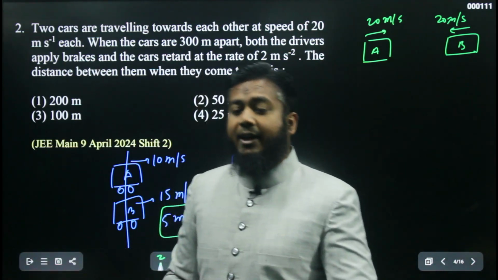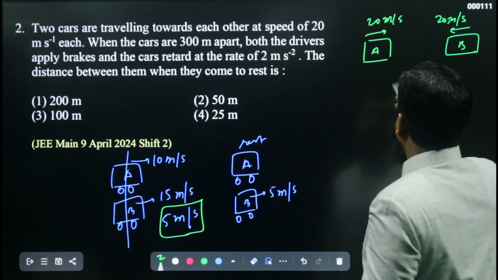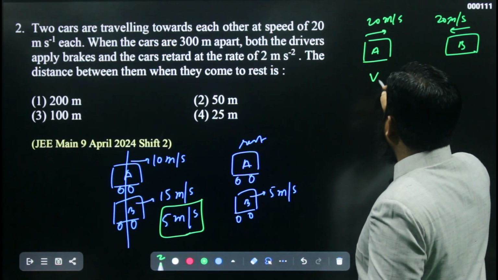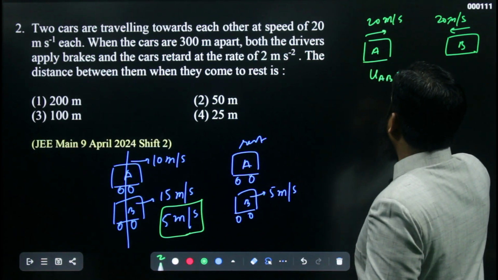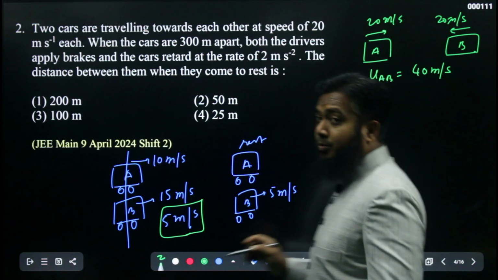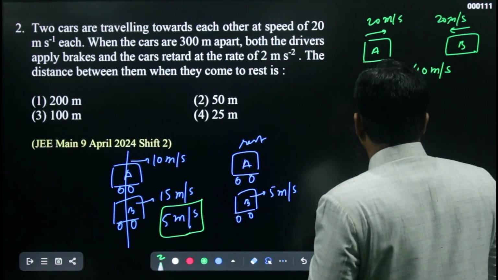So with respect to A, B has moved 2 meter per second. In this situation, the initial velocity of A with respect to B would be simply 40 meter per second. When they are moving opposite to each other, we simply add the speeds of the two objects.